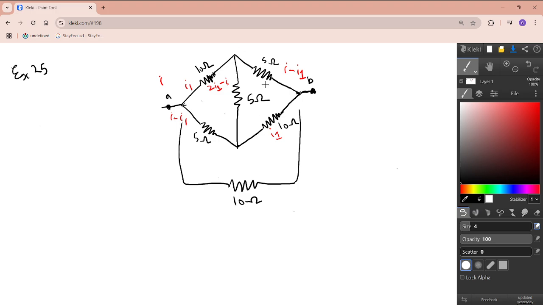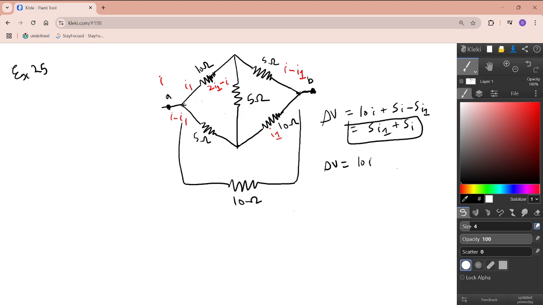So you just need two paths to go. First, you go through this path, and so you get delta V between A and B as 10I plus 5I minus 5I1. I use the distributive property. So it becomes 5I1 plus 5I. And the second way is we can go through this path.